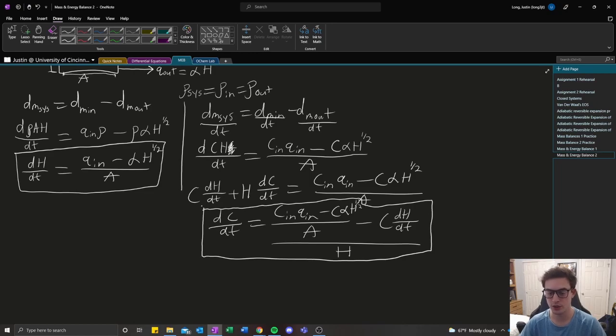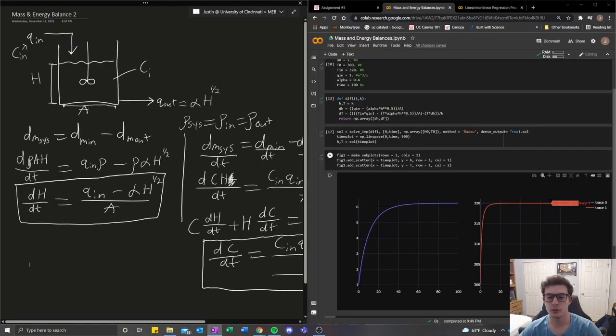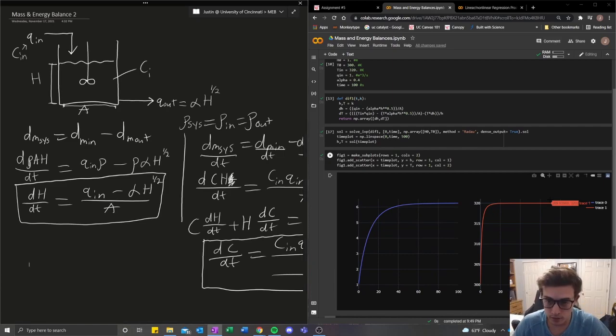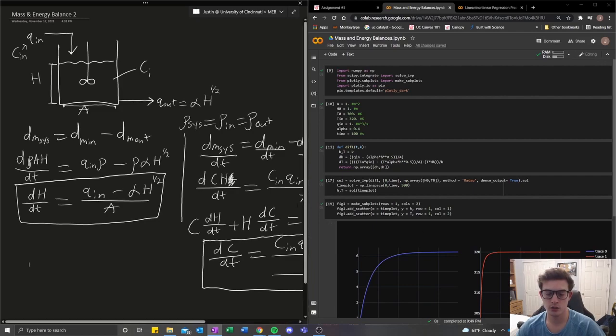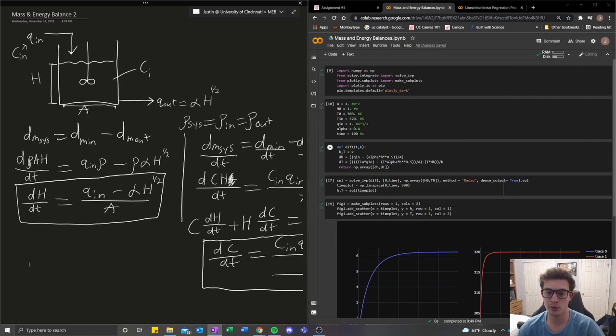All right, so we are back in Colaboratory to code up the second situation. You can see I opened the same notebook as before, because these situations are very similar to the situation in part 1. So we're going to be able to use a lot of the code, like 90+%.